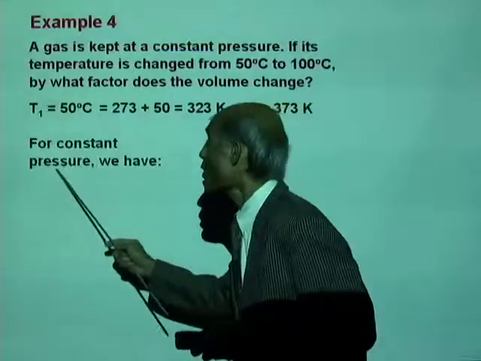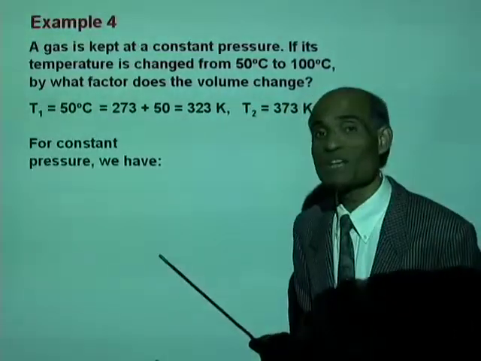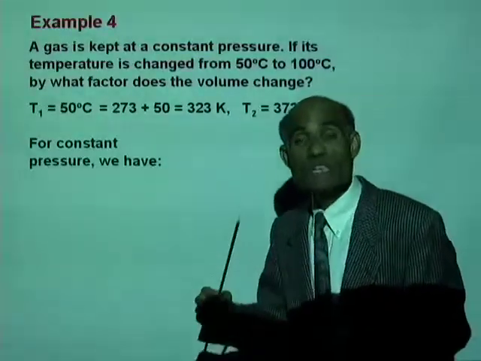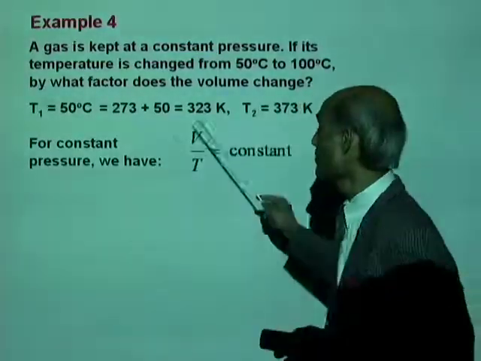For a constant pressure, what is the law that we're going to use? V over T is a constant. What does this mean?